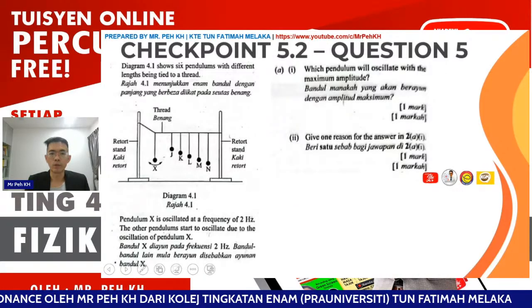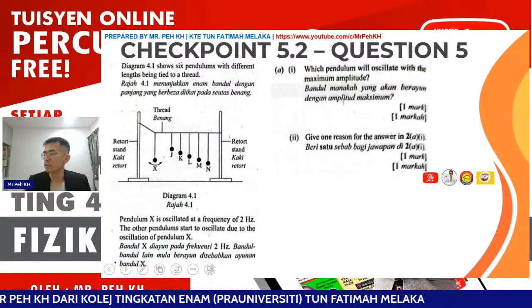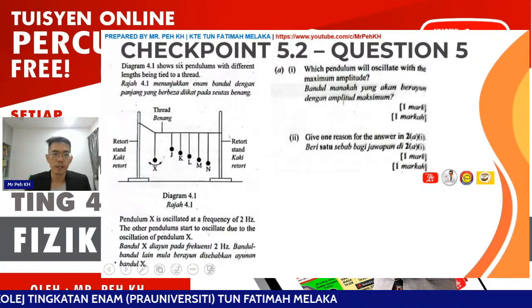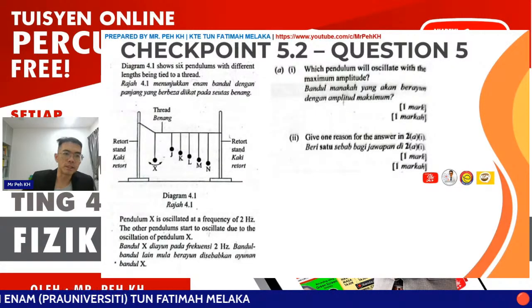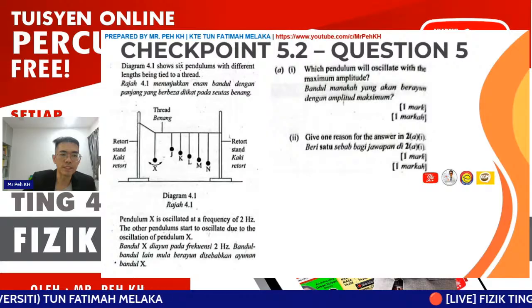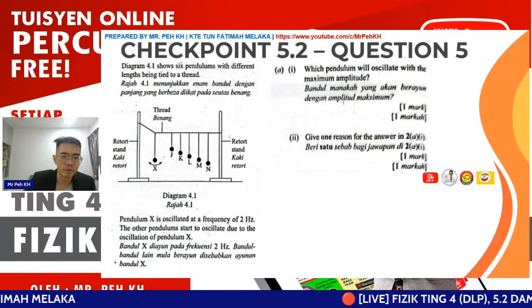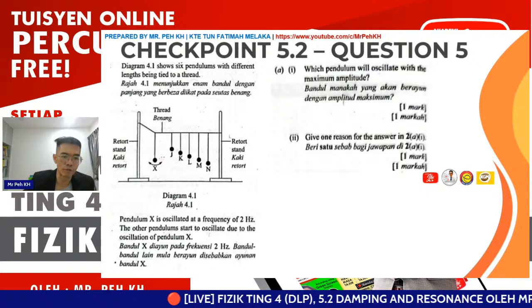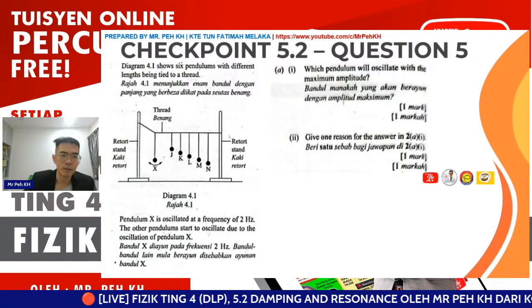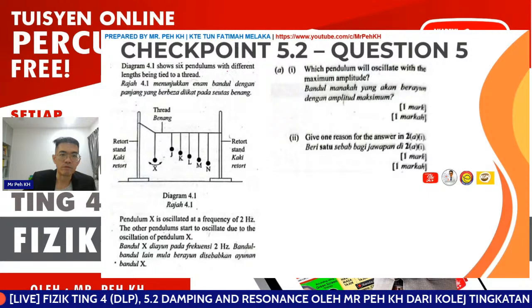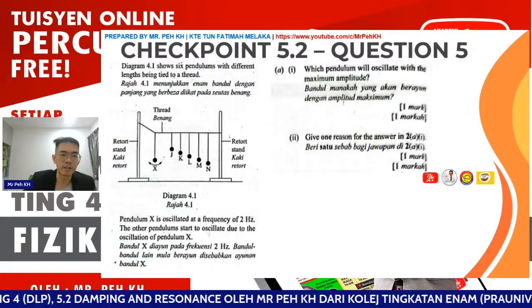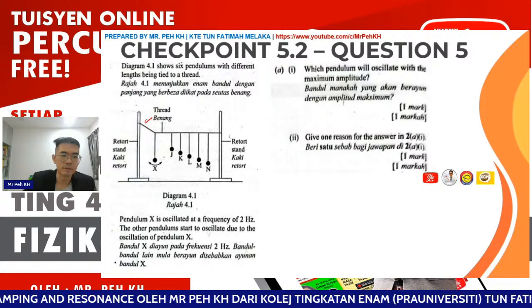Okay, so now we go to our last question of today. Please go through together with me here. Diagram 4.1 shows 6 pendulums, J, K, L, M, N, and the driver here is very obvious to be X, with different lengths being tied to a track.